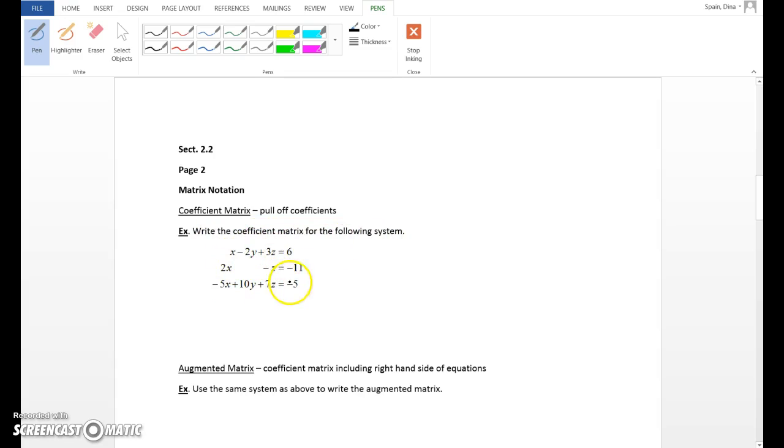This is a big 3x3 system, 3 equations, 3 variables. So, to write the coefficient matrix, we're not going to deal with the right-hand side, not for now. The coefficient of x in the first one is 1. Coefficient of y is negative 2. Coefficient of z is 3.